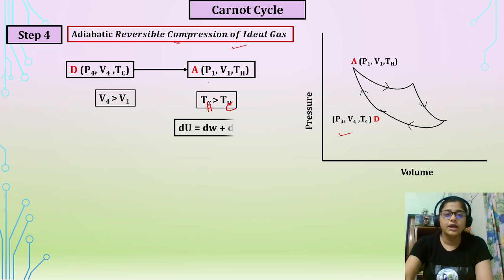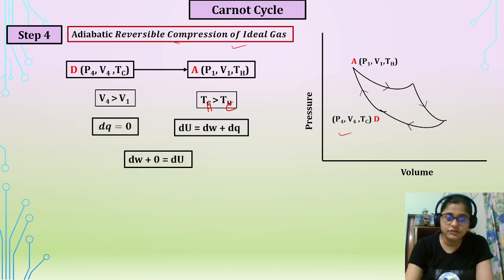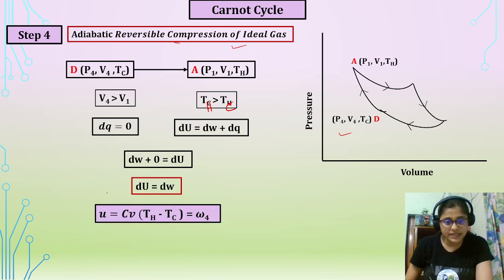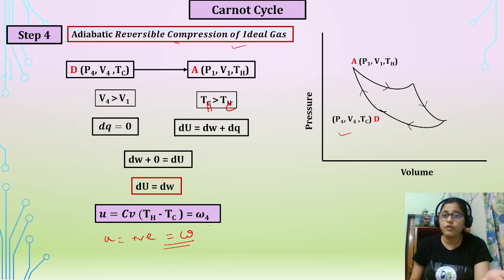Now we know again the first law. From that dq equal to 0 and dW will be equal to dU, which is Cv dT. So T final minus T initial, and here TH is greater than TC, so U will be positive and also work will be positive. So here also work is done on the system.